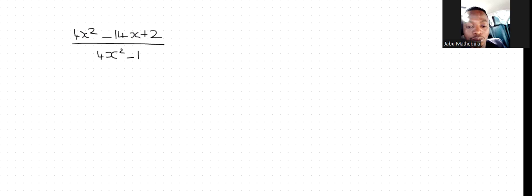So they say here we must decompose into partial fractions. So the first thing I'm going to do is to check if this is an improper fraction or a proper fraction. If you have the numerator and the denominator having the same powers, this is an improper fraction.